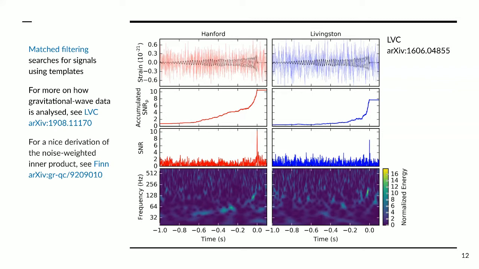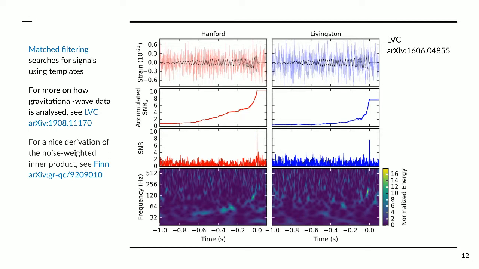We need to also consider the consistency of the template over its entire frequency evolution. So typically we have a search algorithm that considers both the signal to noise ratio, the total output, and also some kind of consistency test, breaking up the template into different bits, maybe in frequency, and seeing how those are consistent with each other. Do we have the right amount of power being balanced in each approach?